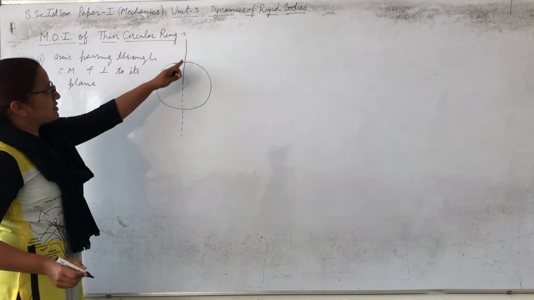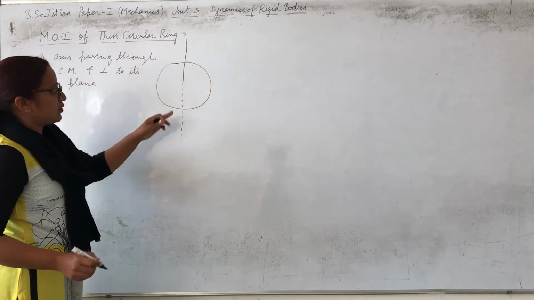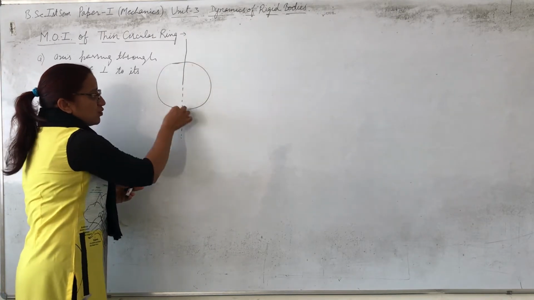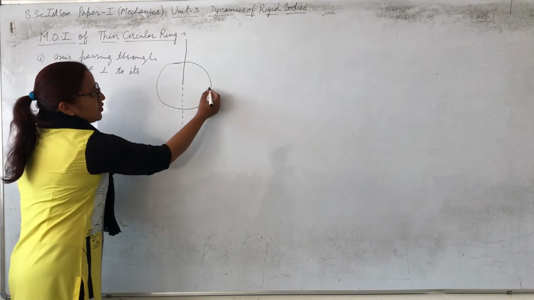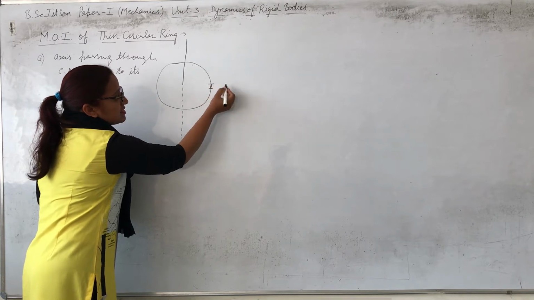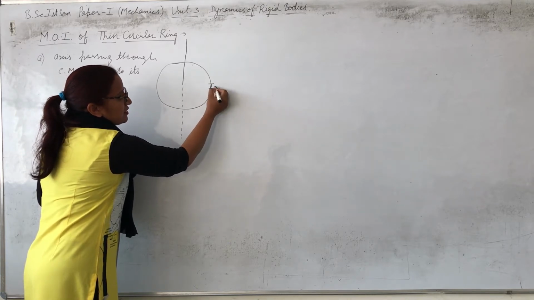As the mass is distributed over the circumference only, and here there is no mass, all the mass is over the circumference. So let us consider a small section of this mass. Let this mass be represented with dm.